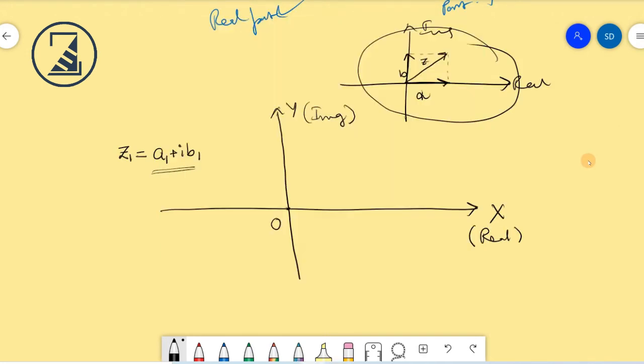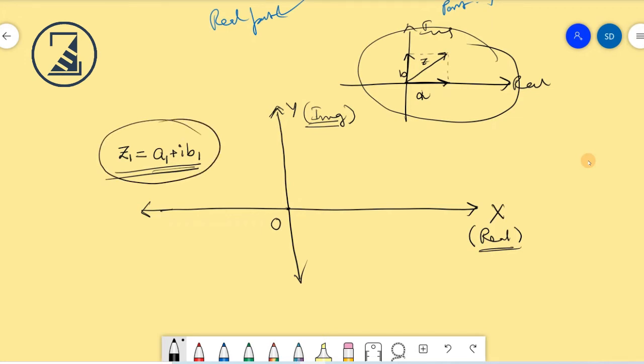So let us now represent complex numbers geometrically. Say I have a complex number a1 plus i b1, and I want to represent that number in this Argand plane. We have an x-axis which corresponds to the real number axis, and a y-axis which is the imaginary number axis.